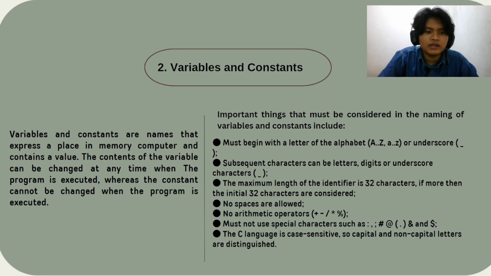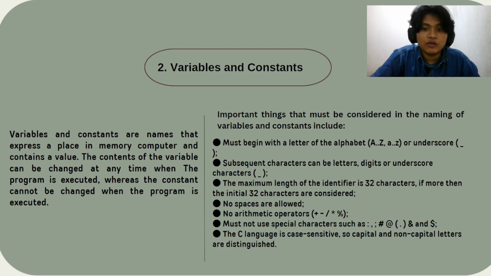Meanwhile, if you want to name a variable with 35 characters, the last 3 characters will not be considered as part of the variable name because they have exceeded the maximum limit of 32 characters.